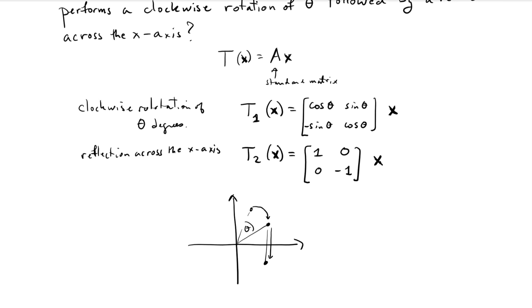And what I'd like to know is, is there a linear transformation, and what is the standard matrix of that linear transformation that will allow me to get from the first point to the third point directly. So I want to find the composition of these two linear transformations.